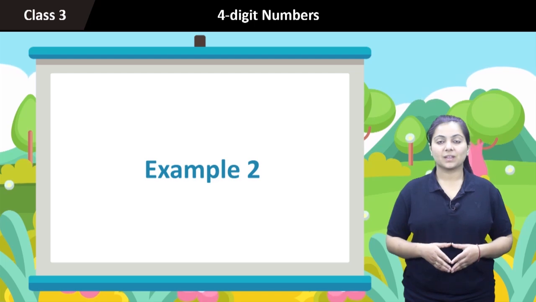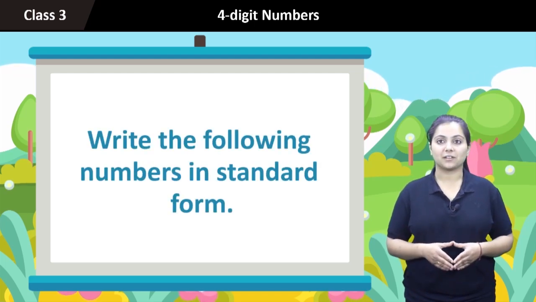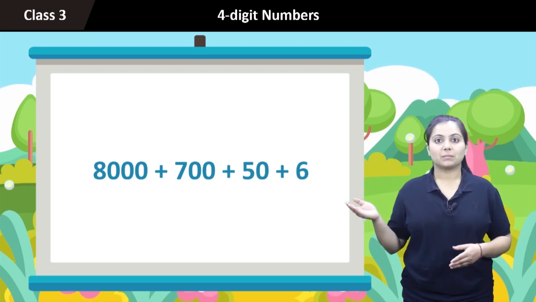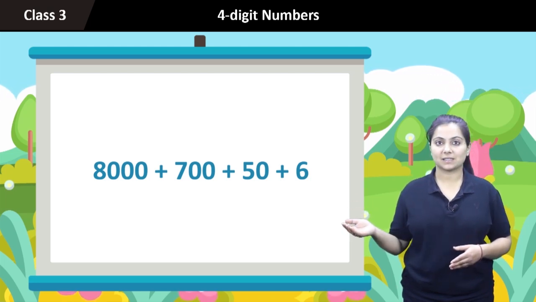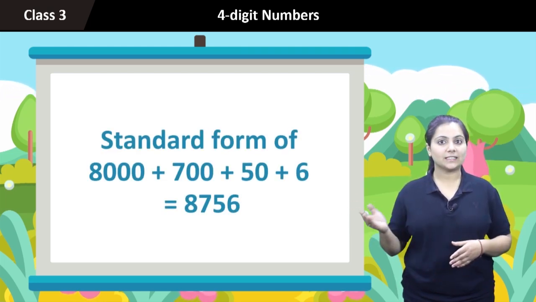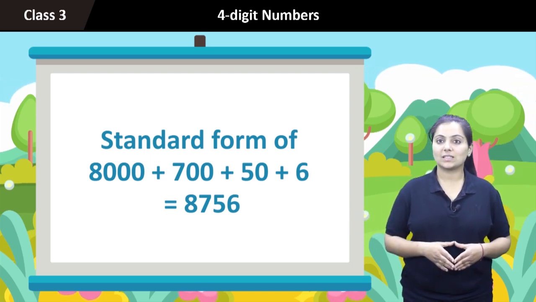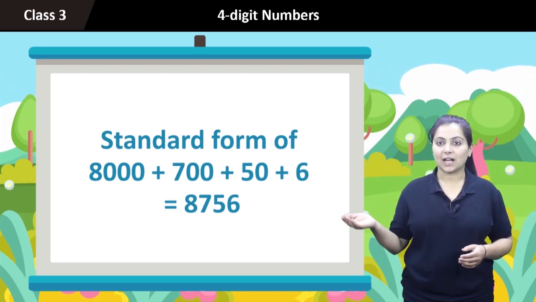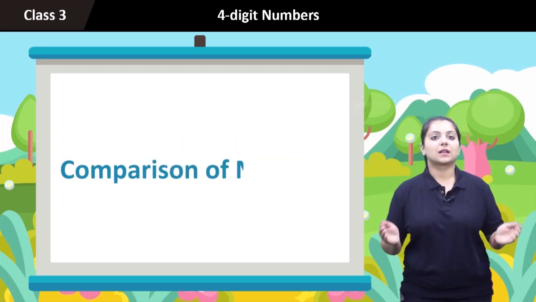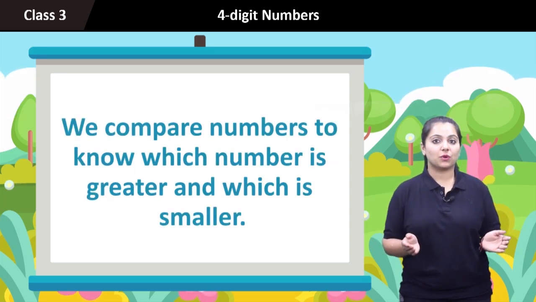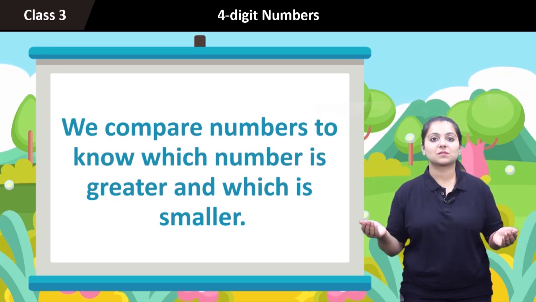Example 2. Write the following numbers in standard form. 8000 plus 700 plus 50 plus 6. Standard form of 8000 plus 700 plus 50 plus 6 is equal to 8756.